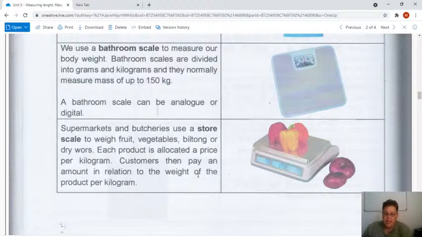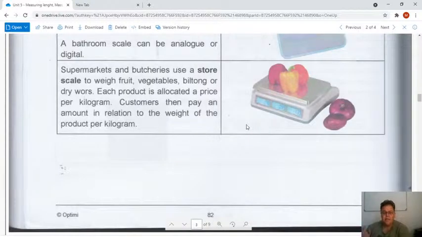They use this scale to find out what the mass is of the product they are putting on there, which can be fruit, meat, and all sorts of things that they would like to weigh. Sometimes sweet shops weigh their fruit and sweets on there as well. So you will see it is allocated a per, usually that's per 100 grams. So it will be 24.99 per 100 grams.